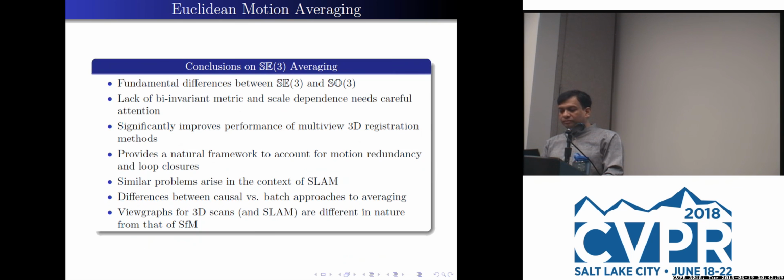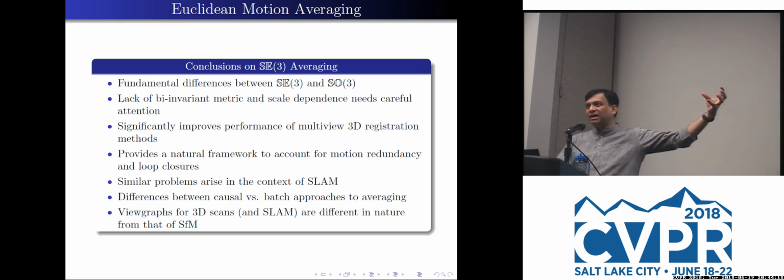So SE3, in conclusion, is also very useful. Doing motion averaging on SE3 is very useful, and you can gain a lot by looking at it in a batch form, instead of just doing it in an incremental fashion like people do with Kinectfusion or other variants of it.